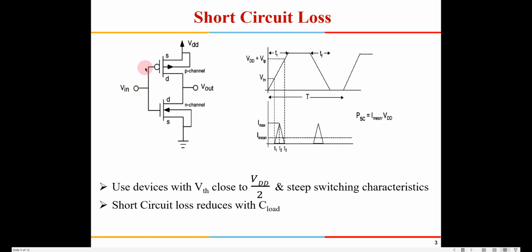When the input reaches 1.2 volt, the moment it goes beyond 1.2, the PMOS will switch off, and the current goes to 0 again. This is known as the short circuit current. There will be a path for the current to flow between VDD and ground during this transition.